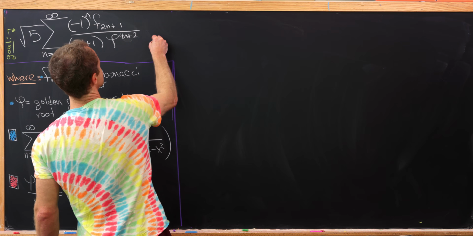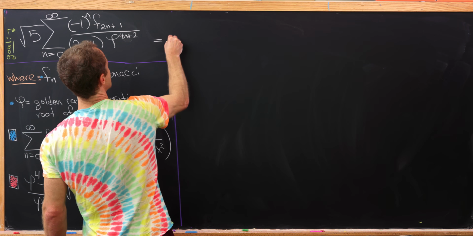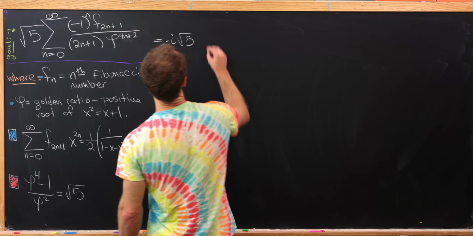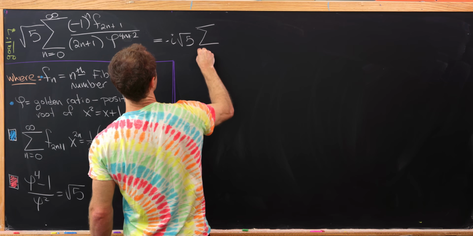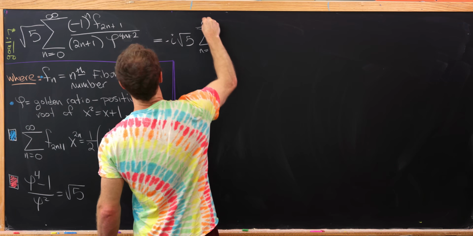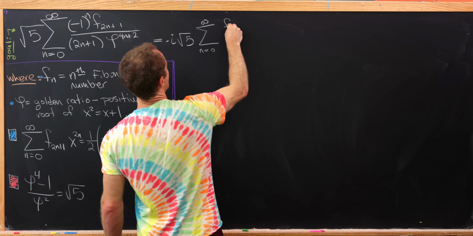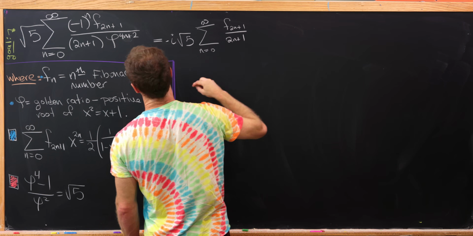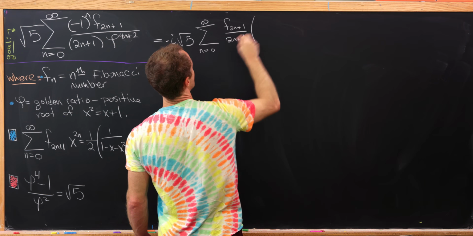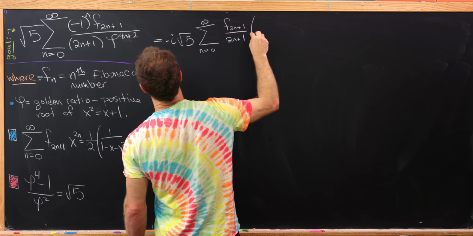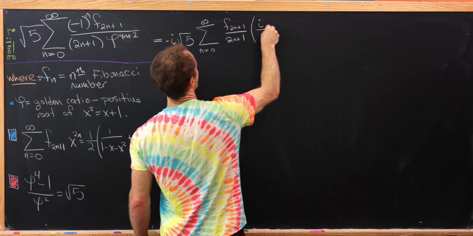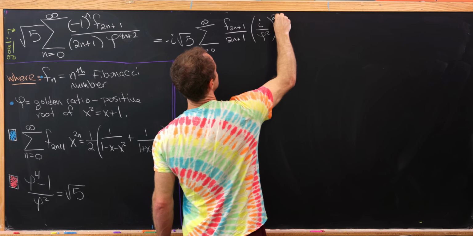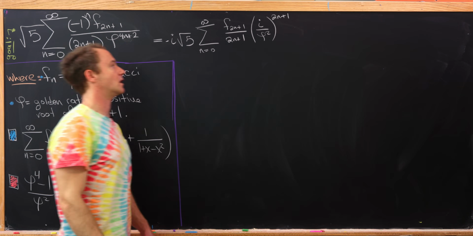So I'm going to write that this is equal to negative i times the square root of 5, and then the sum, as n goes from 0 to infinity, of f sub 2n plus 1 over 2n plus 1, times, let's write this as i over phi squared raised to the 2n plus 1.